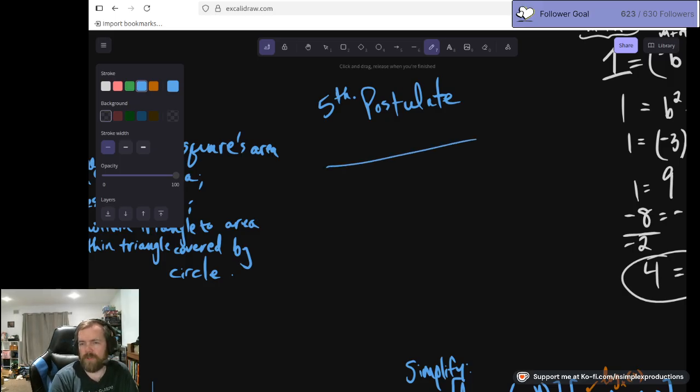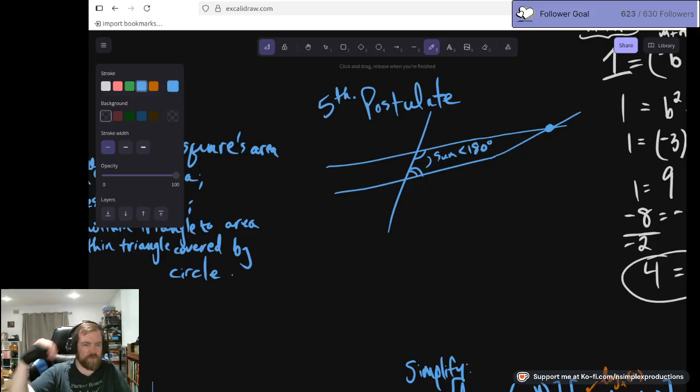Right, that if we draw 2 straight lines with a third line crossing them, and it turns out that these 2 lines, if produced indefinitely, end up meeting somewhere, then it turns out that these 2 angles will sum to less than 180 degrees or 2 right angles.